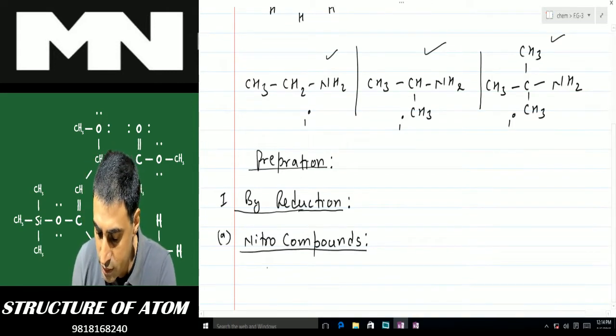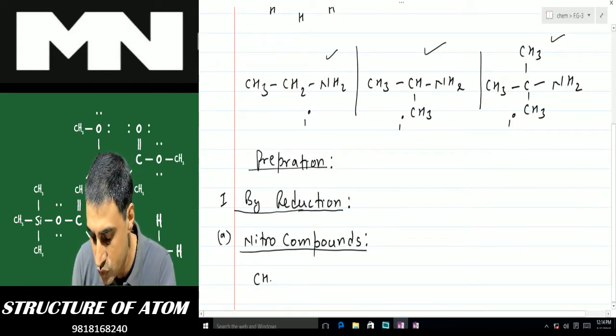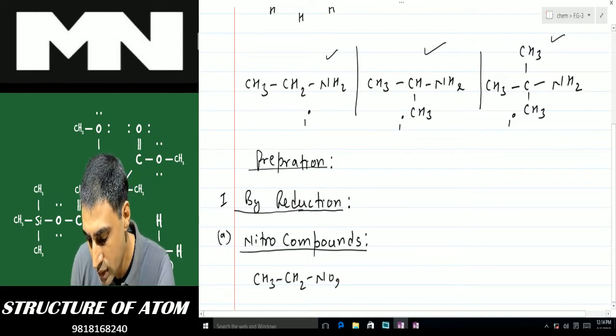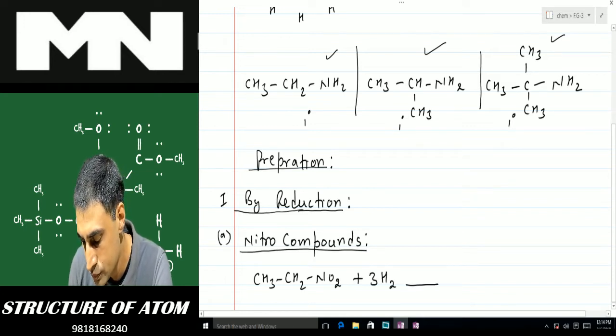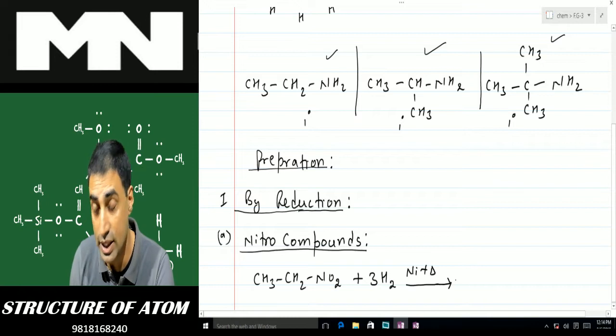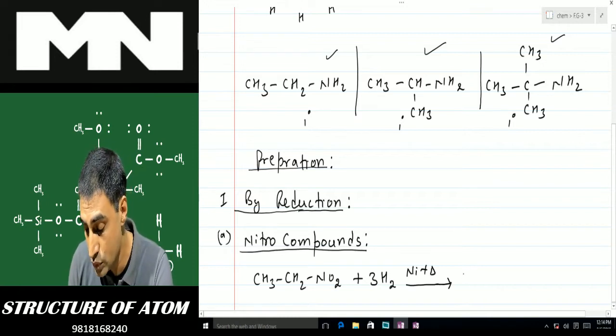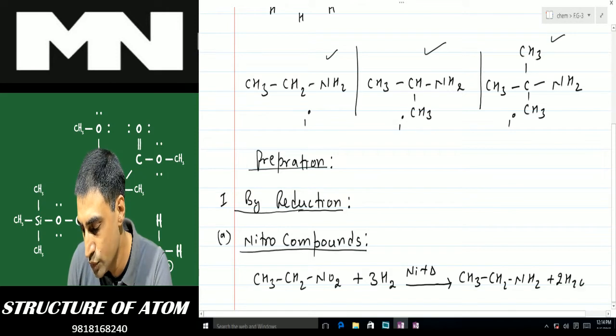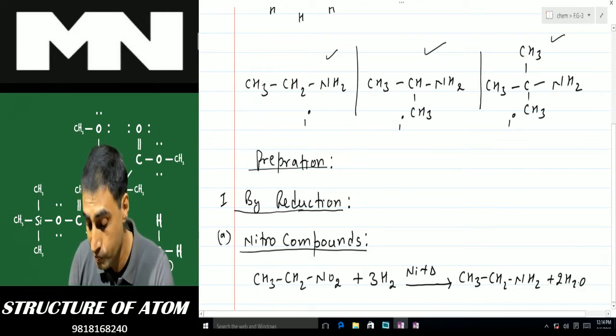Suppose I have a compound like CH3CH2NO2. I'm reacting it with 3H2 in the presence of nickel and heat. It's a good reducing agent, good catalyst: nickel, platinum, palladium. So I'll get a compound like CH3CH2NH2 plus 2H2O. So a primary amine I'm getting here.